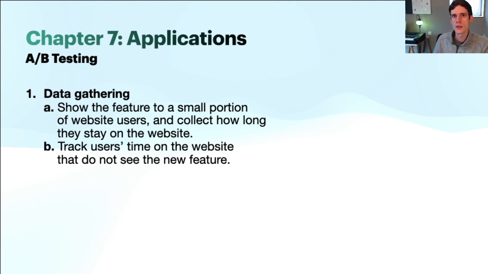Now, of course, you also need a comparison dataset. This is a dataset of users that do not see this new feature, so everything remains as old. And then by comparing these two, you can see whether indeed showing this new feature to users increases or decreases the time spent on this website. So in fact, you need two datasets.